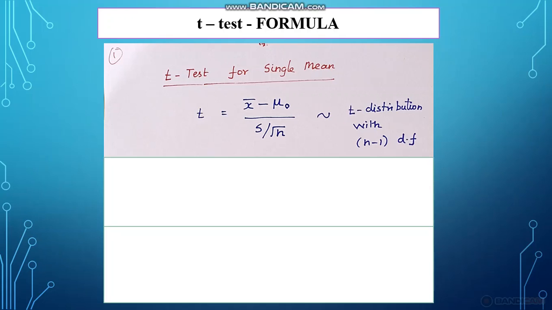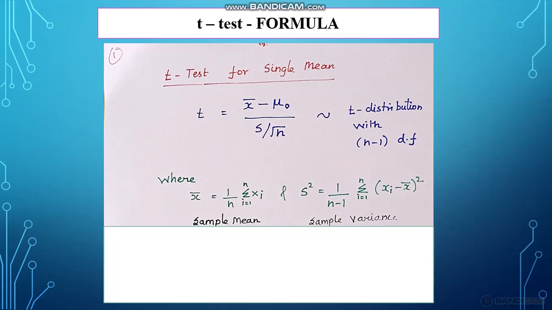And this is the formula. t is equal to x bar minus mu naught divided by s by root n. This formula is called the t statistic, and it follows a t distribution with n minus 1 degrees of freedom.